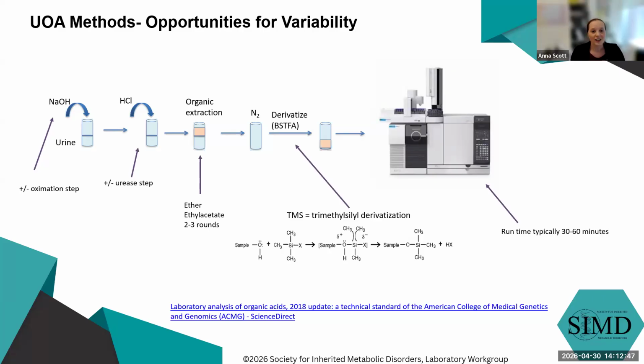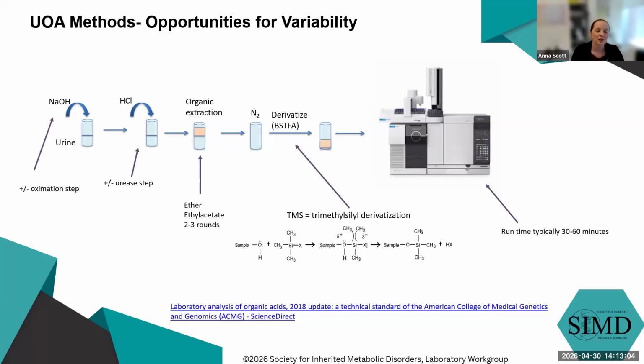Now, to process that urine and get it ready for injection into a mass spec, there are a large number of steps that happen. And it seems the general themes are consistent between labs, while the details vary. So some labs start the process with an oximation step.